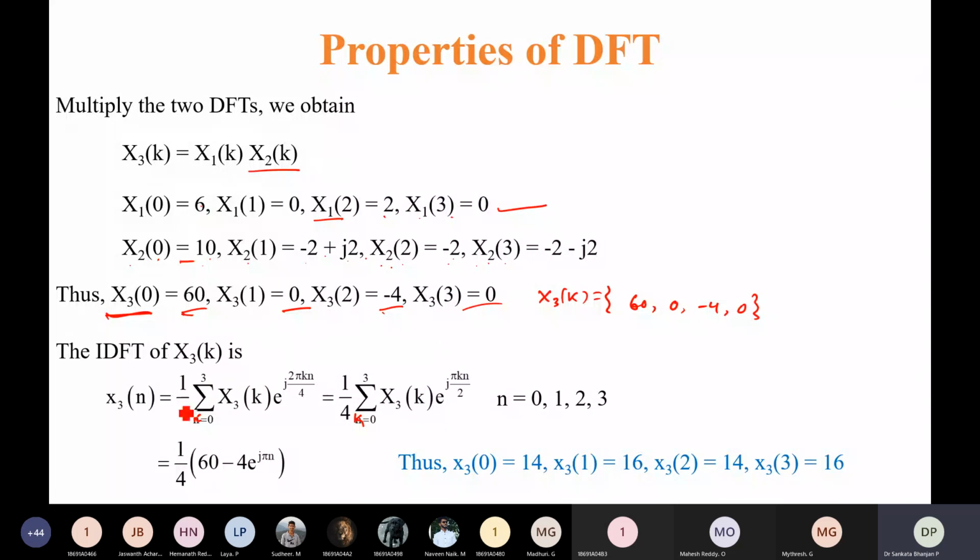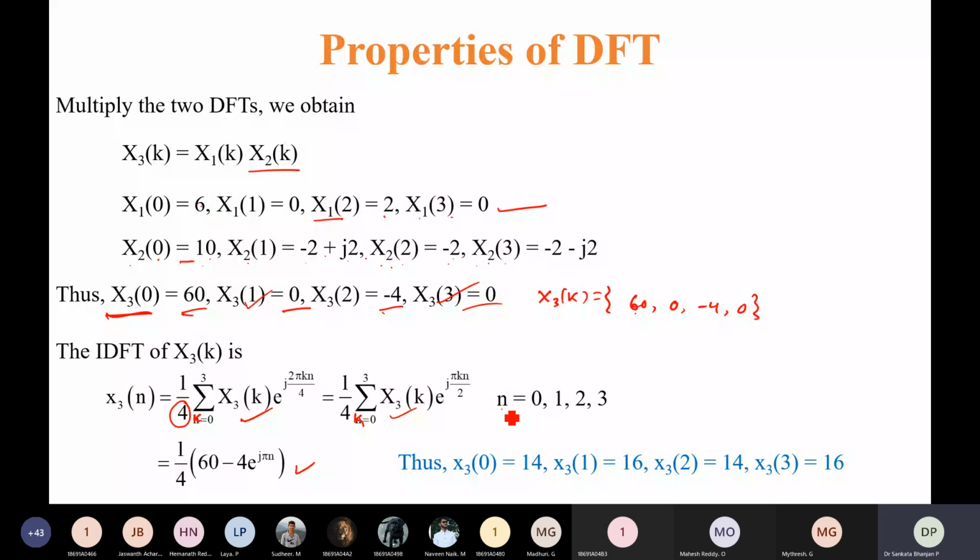Here the value of capital N is 4, so 1 by 4 times the summation, and the value of n is 0, 1, 2, 3. Now in the same manner, if we expand this summation, 1 by 4, 60 minus 4, because two values are 0. So 60 is the first value. Then the third value is minus 4, where k is equal to 2, so 4 into e to the power j pi n. Clear? So this is the value of x3 of n.